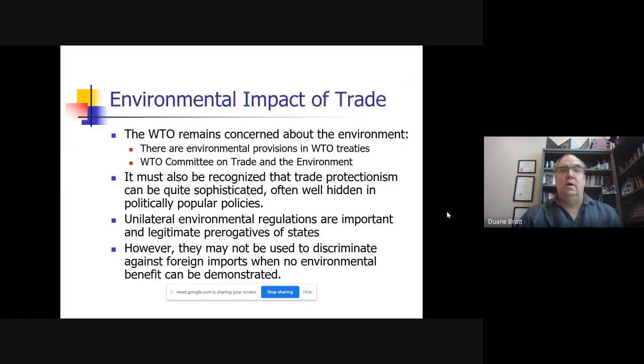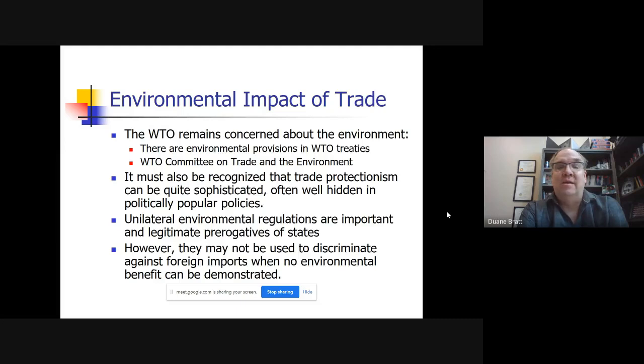So just to reiterate what Chris had done, the WTO is concerned about the environment, and there are a series of provisions in numerous WTO treaties. There's even a WTO Committee on Trade and the Environment. But we have to recognize that governments are very good at protecting trade, and they can use very sophisticated means, including using environmental protection, which is really a ruse for trade protection.